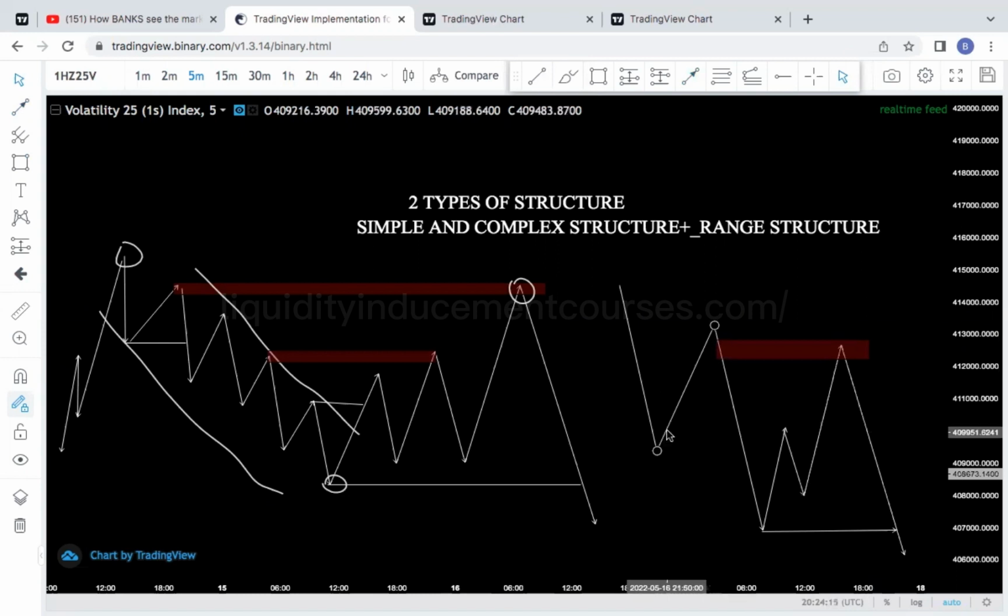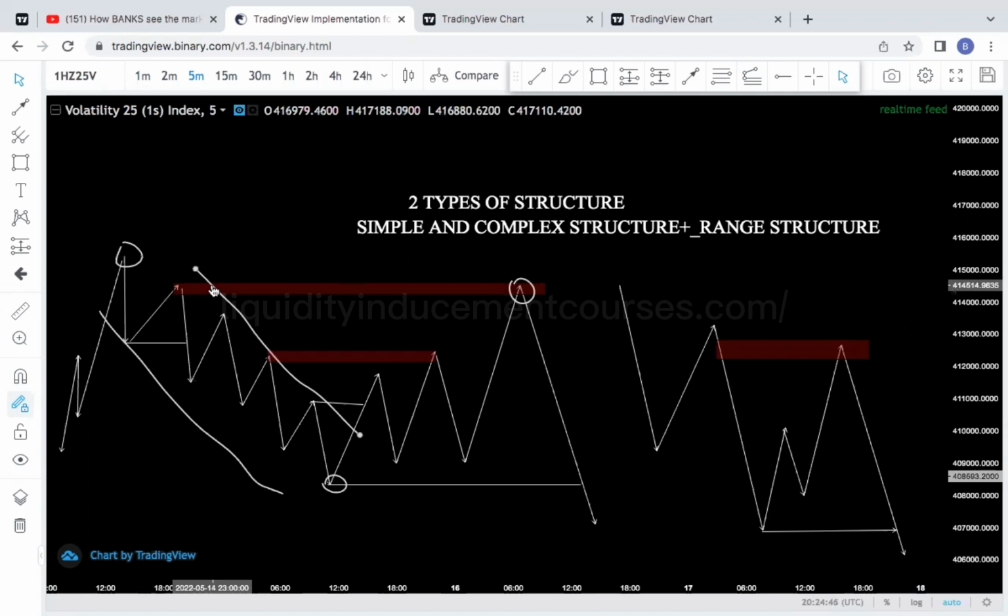Okay. So, like I was saying, a complex structure is a combination of shallow corrective wave and deep corrective wave, which is what we have here. Okay. So, shallow corrective wave is when price mitigates internal structure, or when price pulls back to internal structure, either a demand or internal structure, and then continues again to the downside to mitigate the primary point of interest.